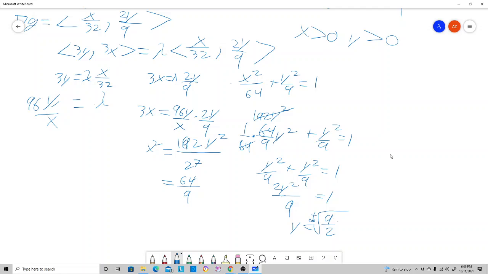Substitute y, it is 9 over 2 squared. So this will go away, 9 over 2, x squared. So now these 9s will go away. This will become a 32 x. So those are our two values.